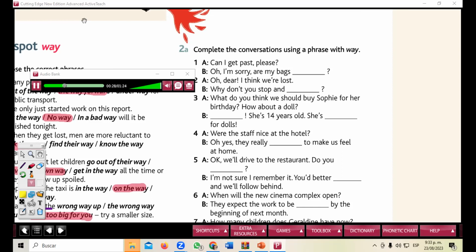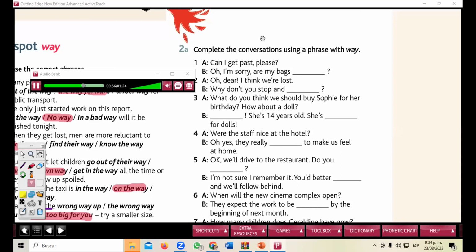No way! She's 14 years old. She's way too old for dolls. 4. Were the staff nice at the hotel? Oh, yes. They really went out of their way to make us feel at home. 5. Okay, we'll drive to the restaurant. Do you know the way? I'm not sure I remember it. You'd better lead the way and we'll follow behind.